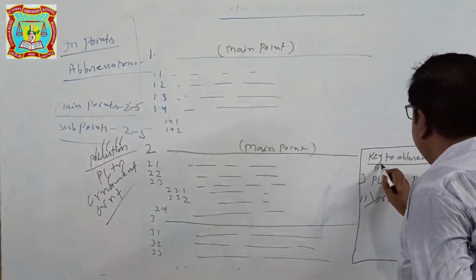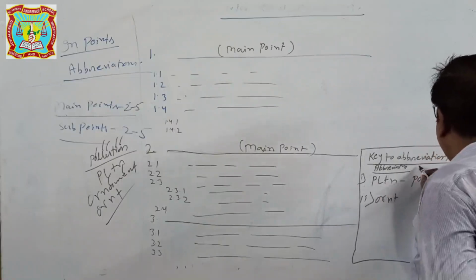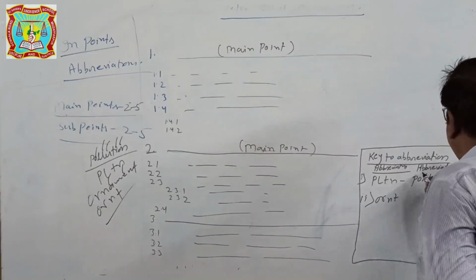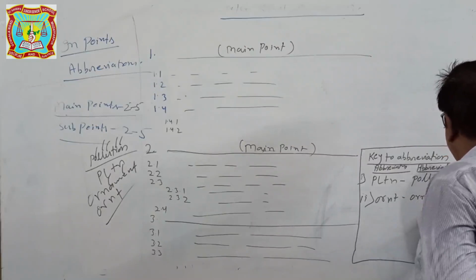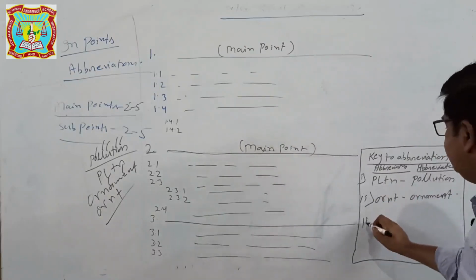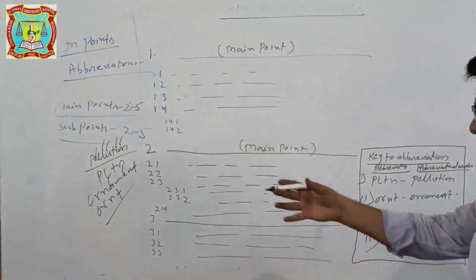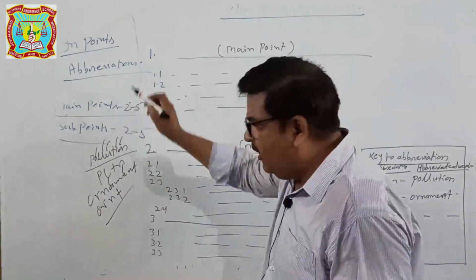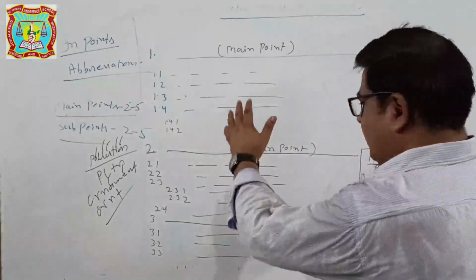Here you can write abbreviations or abbreviated words. Likewise third and fourth, whatever words you take from here, abbreviate them either by giving the first three letters or by removing vowels except the initial vowels. You can do it like this.